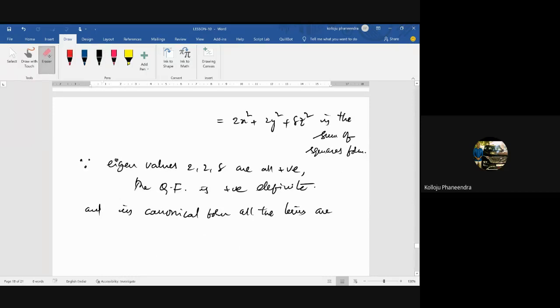Totally 3 terms are there, and all 3 terms are positive. The index of the quadratic form is what? 3, the number of positive terms. And what is the signature? Number of positive terms minus number of negative terms. There is no negative term, so index is 3, signature also 3. And the quadratic form is positive definite, since eigenvalues are all positive.